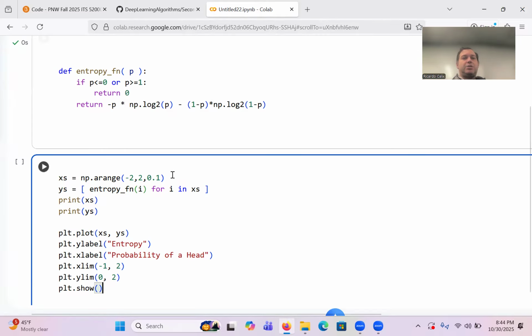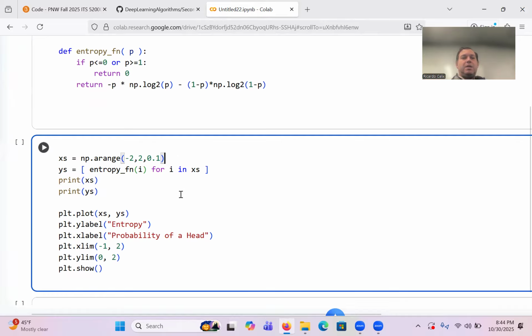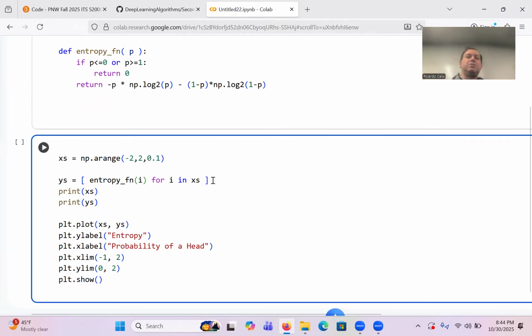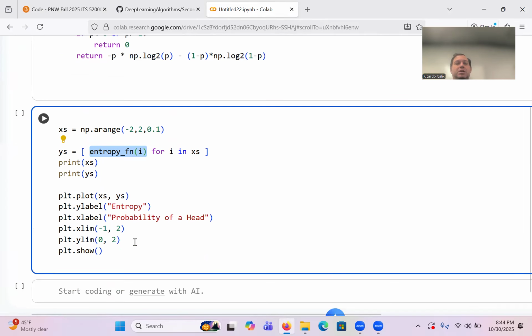So I just create a range of values, then I create a list comprehension of these values, running them through the function. Every single value in X, from -2 to 2, is I, and I'm running it through the entropy function that I just created to compute entropy. And then I'm just going to plot it.